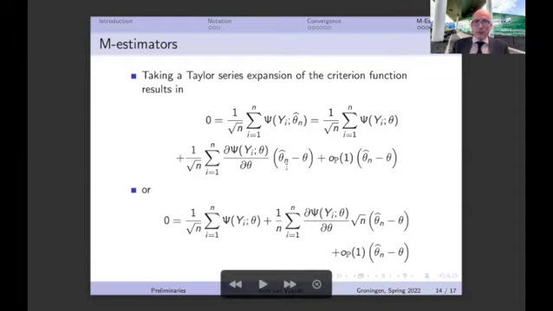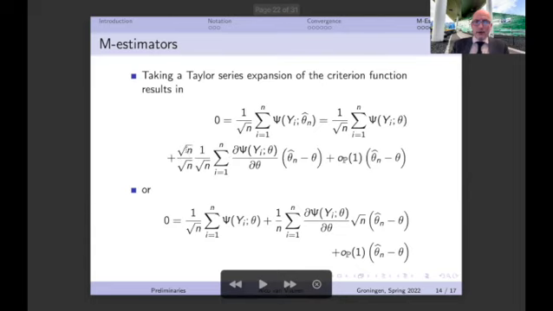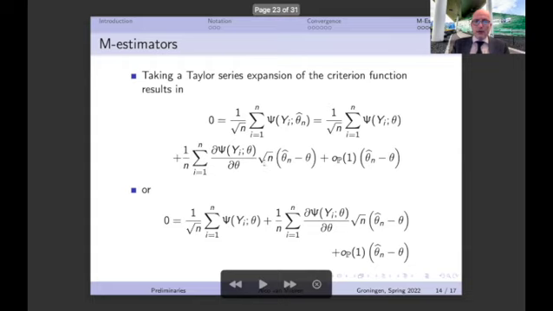And then the first step that we can take is that I'm going to multiply this term that we have over here by the square root of n divided by the square root of n. That's very nice because these two square root of n's that we have over here will just become n. And this square root of n, I can take it here in order to get a square root of n multiplied by theta hat n minus theta.